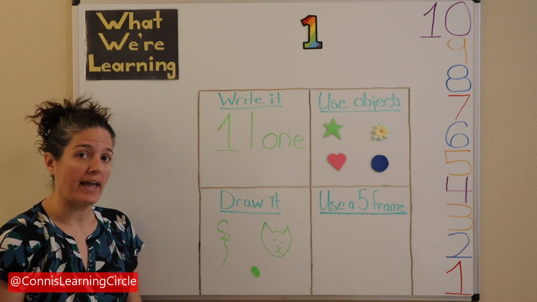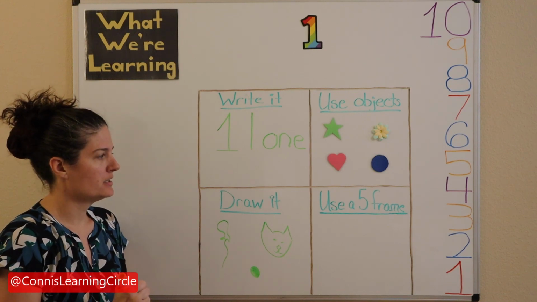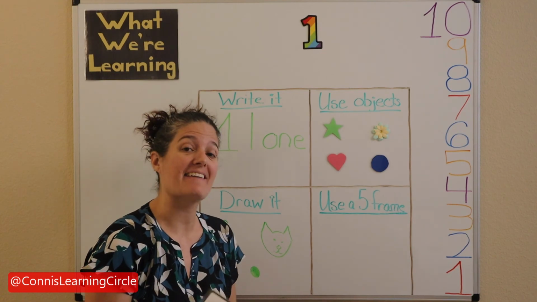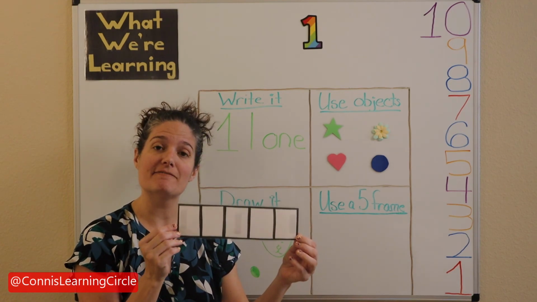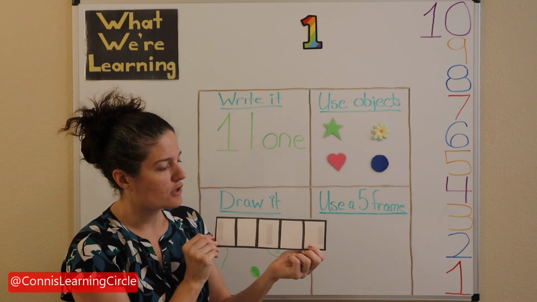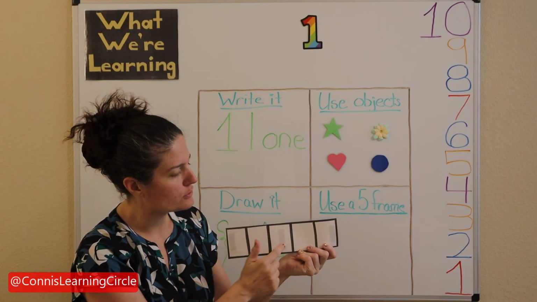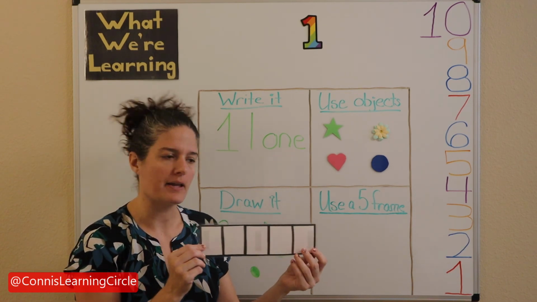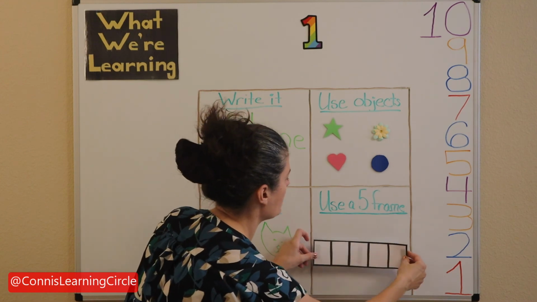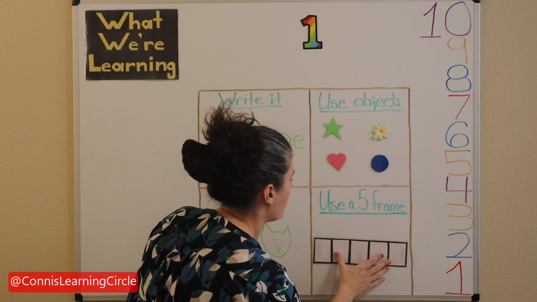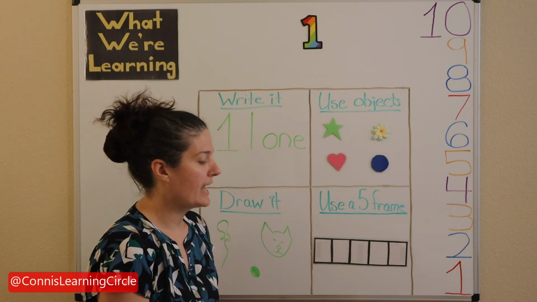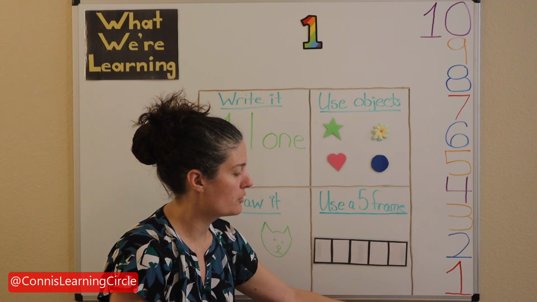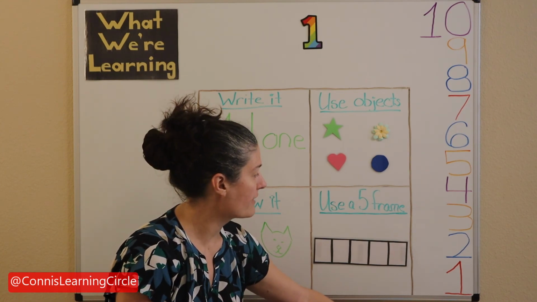Now, another way that we can show the number 1 is by using something called a 5 frame. This is a 5 frame. The reason it's called a 5 frame is we have 1, 2, 3, 4, 5 spots on our 5 frame. I'm going to put it right here so that we can work with our 5 frame. You can use shapes to show the number 1 on your 5 frame.